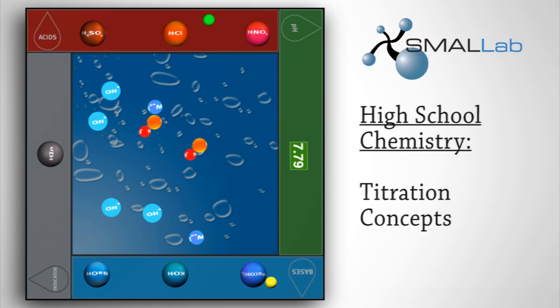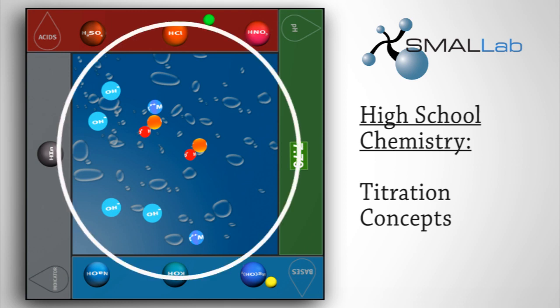There are 4 main concepts to be taught here in the lab. The difference between acids and bases, the different ionization processes that occur, which include dissociation, ionization, and aqueous solution, the relationship between pH and the solution, as well as how to observe what happens when hydroxide molecules and hydronium molecules interact.